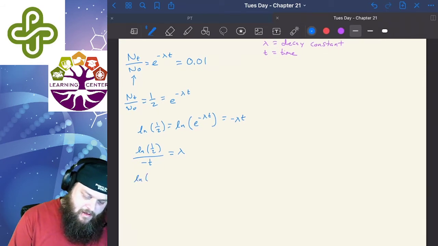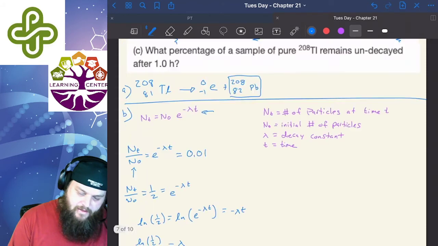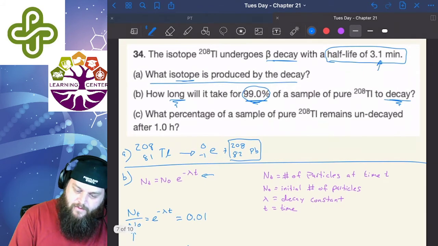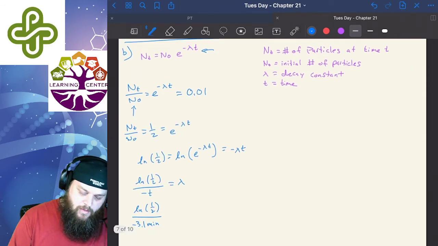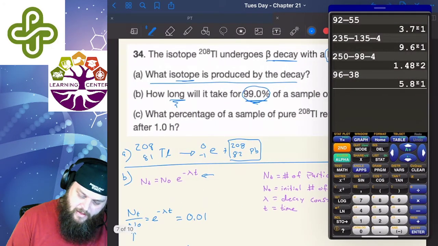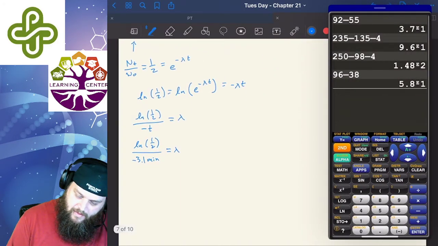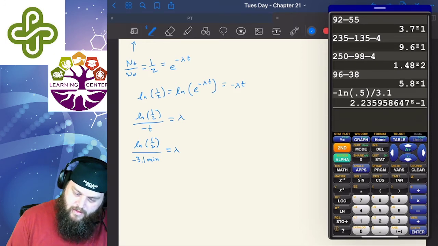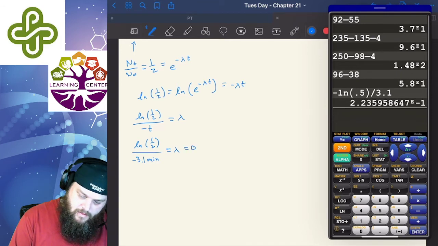the natural log of 1/2 divided by negative 3.1 minutes, because that's what it told me the half-life was, is going to be equal to lambda. My calculator will tell me that negative natural log 0.5 divided by 3.1 is equal to 0.22.